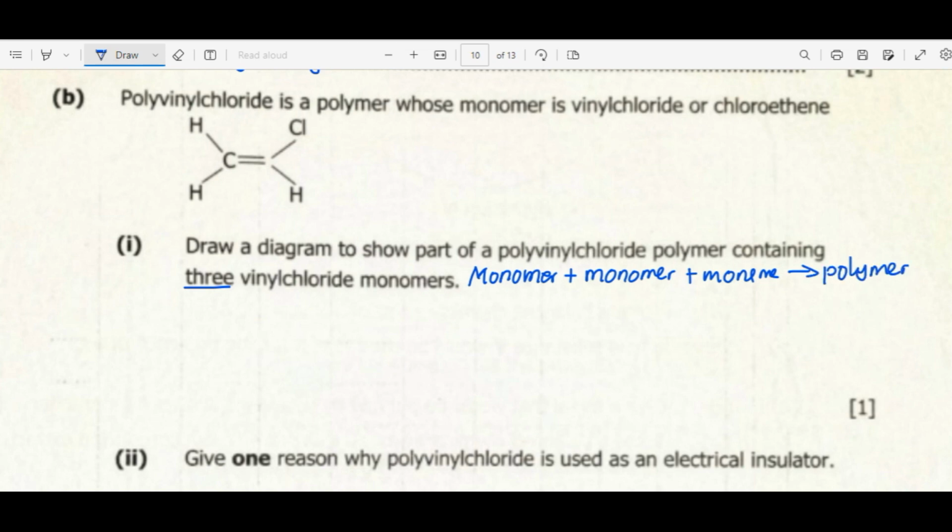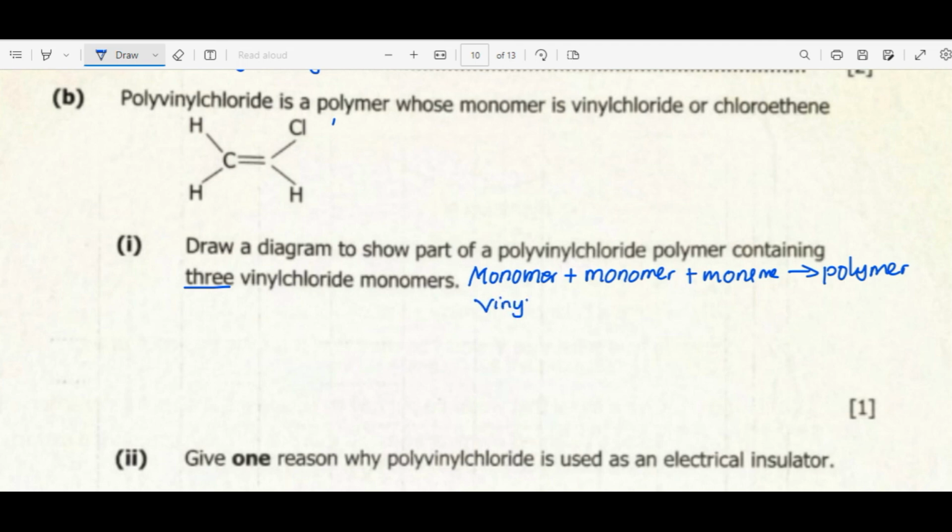Now, under this type of polymerization, we don't have to include water, since it's an addition polymerization. We only include water if we are dealing with condensation polymerization. So the monomer, we have the monomer vinyl chloride.